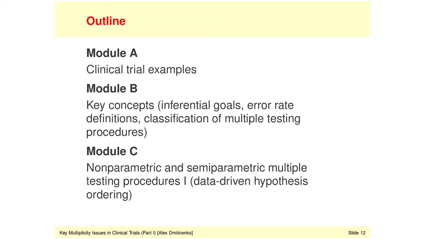And also, there are two types of logical relationships among null hypotheses and multiplicity problems that I referred to a second ago. The testing sequence may be random or data-driven, or it may be fixed or pre-specified. And we'll begin with the first setting when the testing sequence is data-driven.